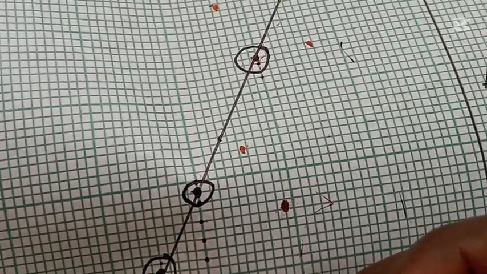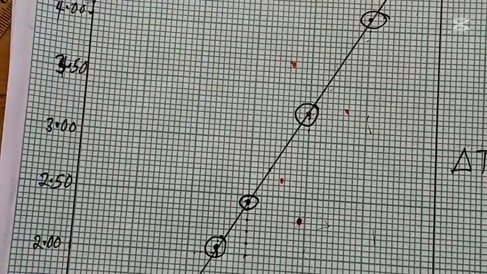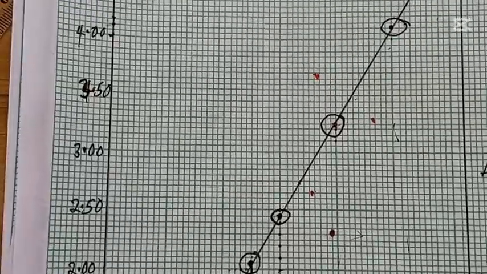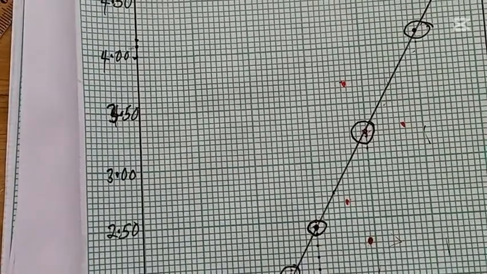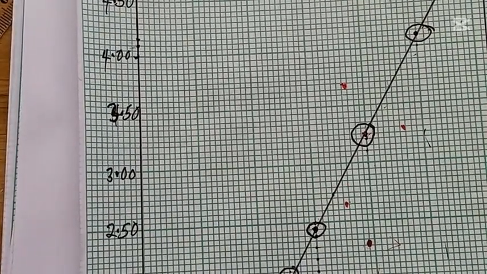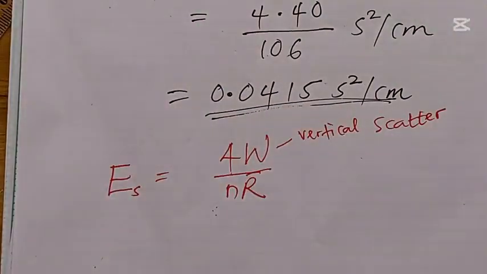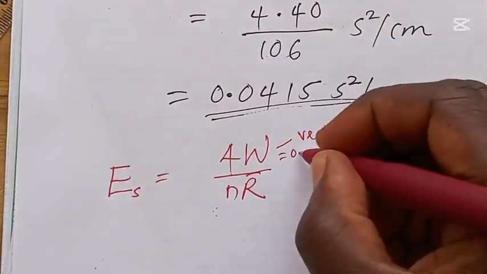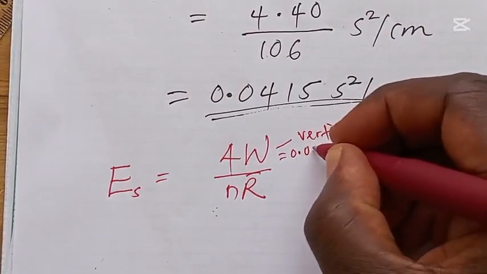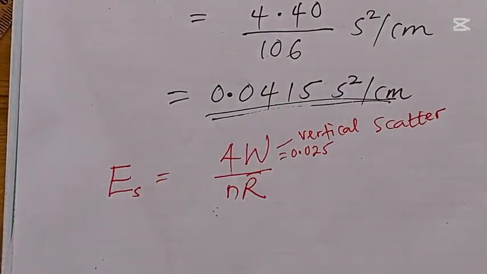The distance between this and this is so very small, so we can just approximate that by dividing the minimum division by 2. If we do that, it will give us 0.025.